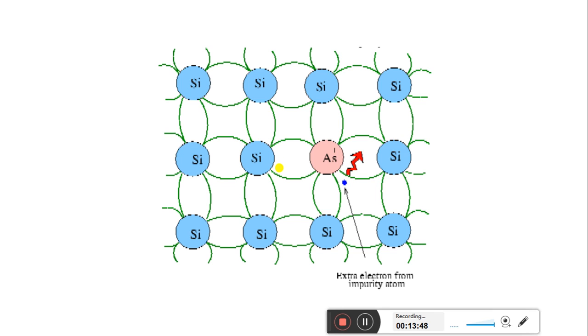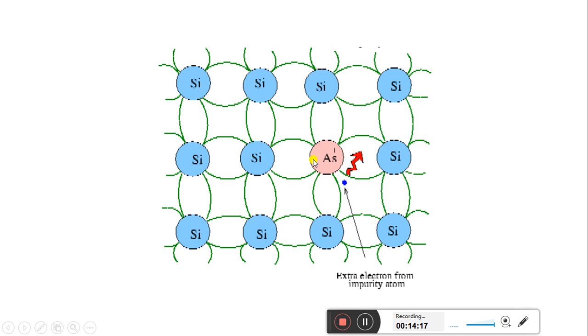This is the structure of an n-type semiconductor. Each silicon atom is shown in the structure, and one arsenic atom has been shared between the 4 silicon atoms, and 1 electron remains free. This electron, even at normal temperature, can move freely in the lattice structure.